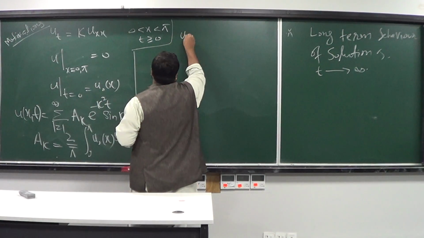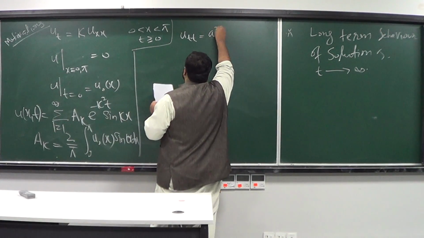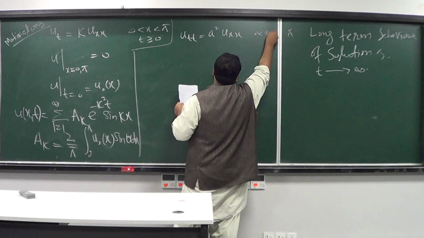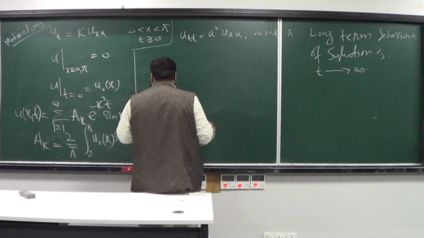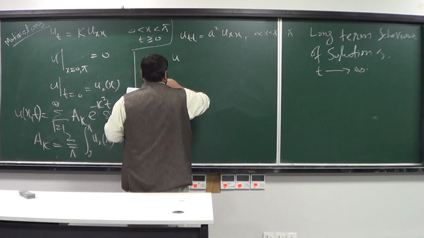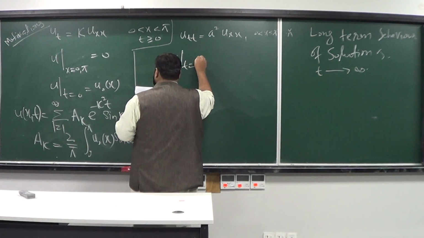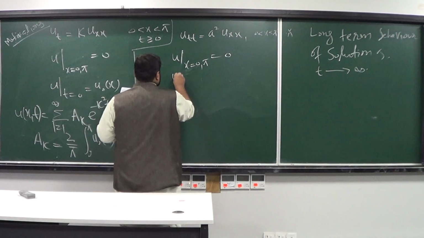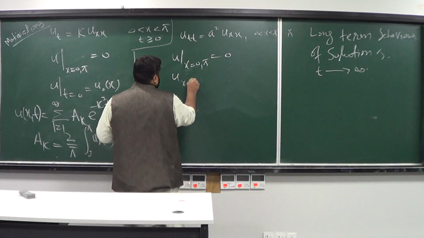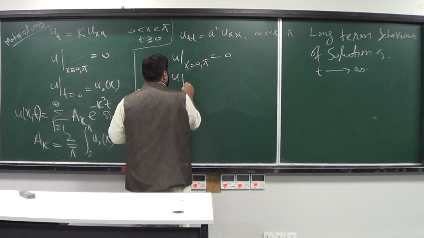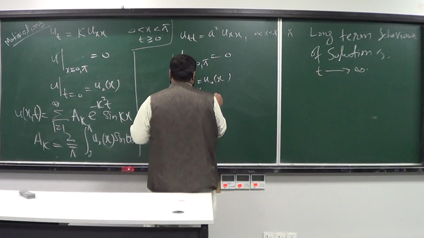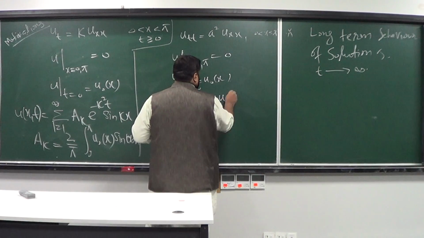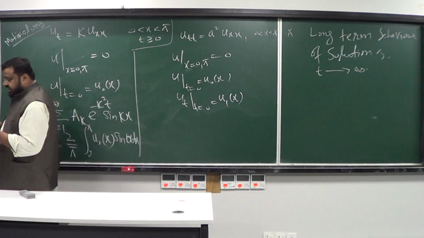So that goes like this: u_tt equal to a squared u_xx, where x is the same, between 0 and pi. Let's assume the boundary conditions at x equal to 0 and x equal to pi are 0, and the initial conditions are u at t equal to 0 is u_0(x), and u_t at t equal to 0 is u_1(x). u_0 and u_1 are some functions with certain assumptions.